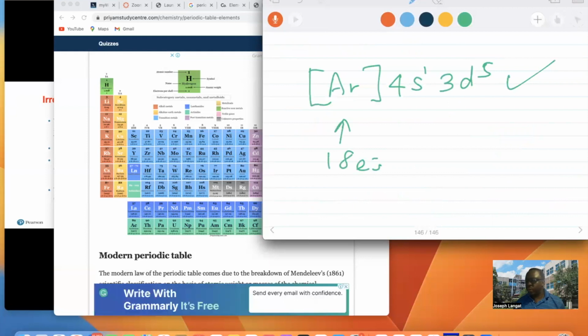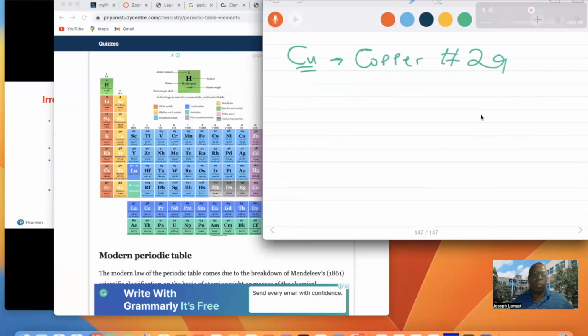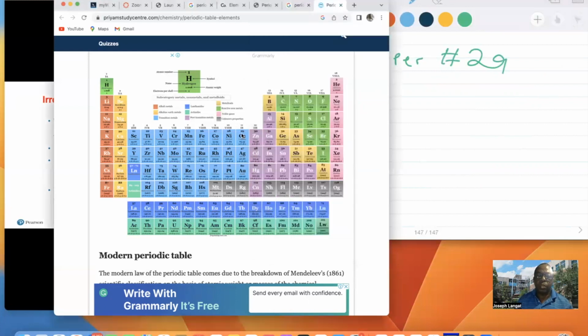Likewise, if you look at copper, number 29 on the periodic table, this is copper right here.